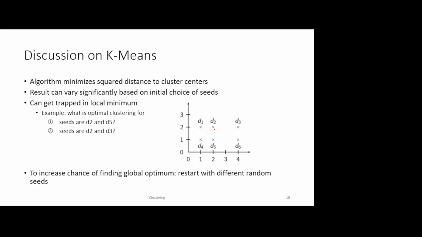So if the two seeds are at D2 and D3, the clustering will be like this.